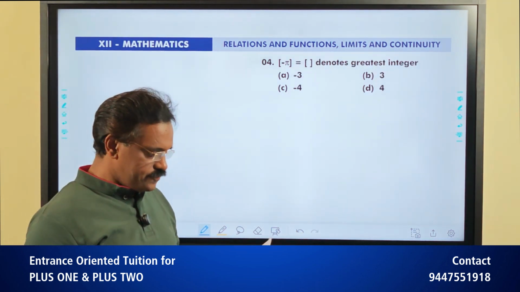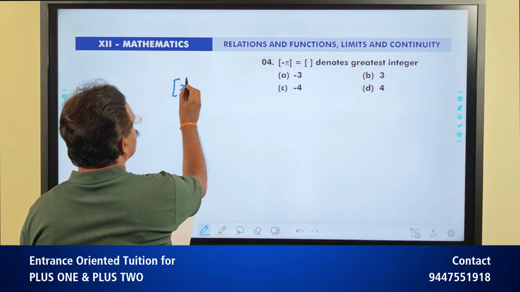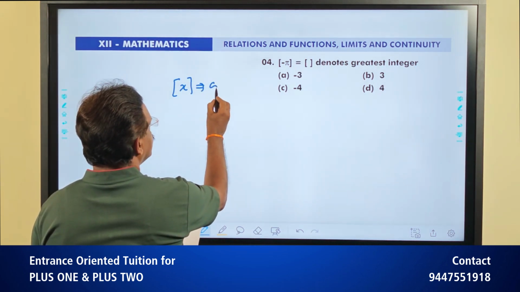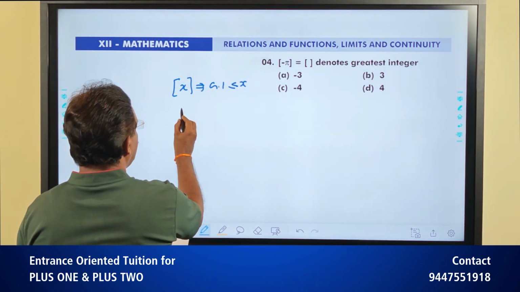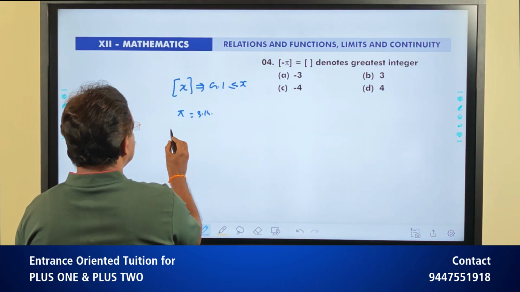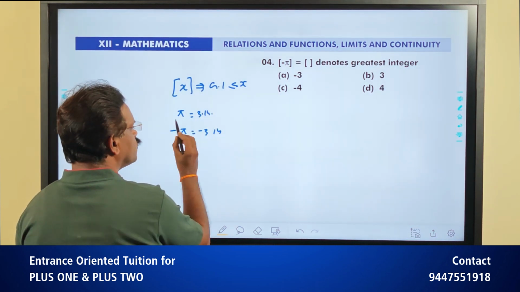Come to question number 4. They asked about the greatest integer value of minus pi. We know that the greatest integer value of x means the greatest integer less than or equal to x. Pi is 3.14 something, so minus pi will be minus 3.14.